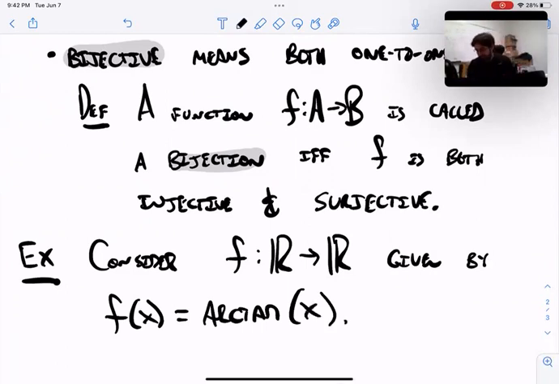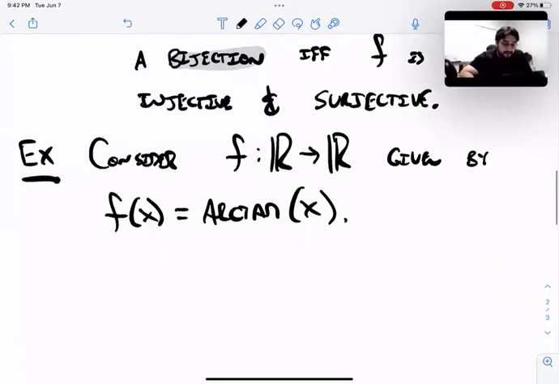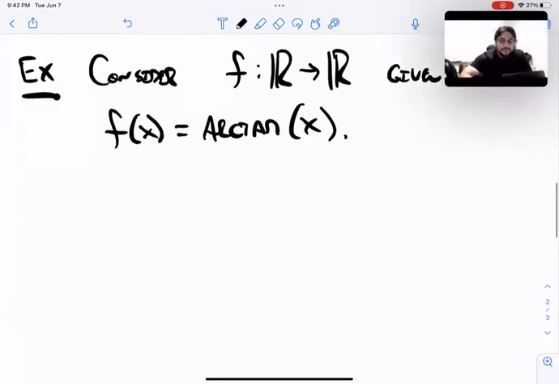So, a classic function of trigonometry. I want to look at these three properties and see which of them hold for injective, surjective, and bijective. Let's see what holds or does not hold for arctangent.